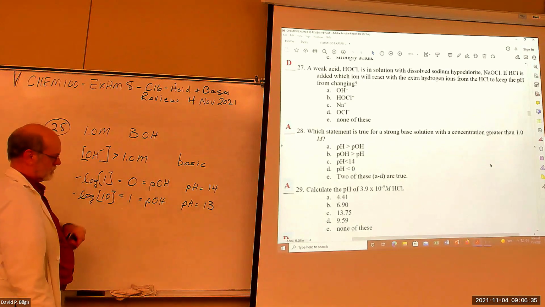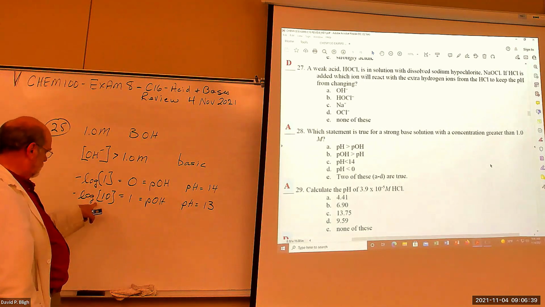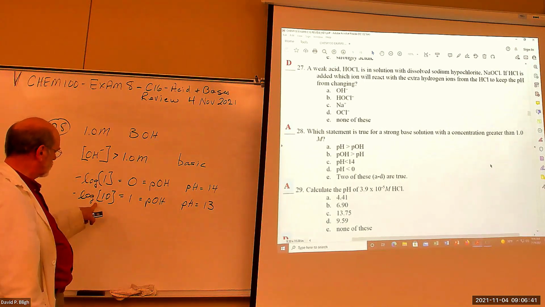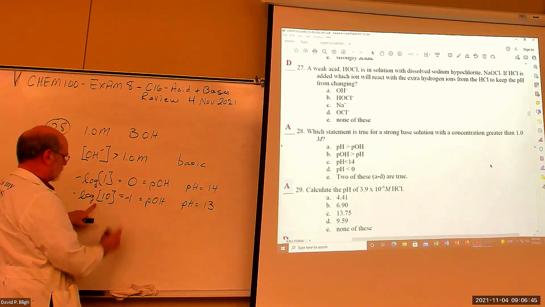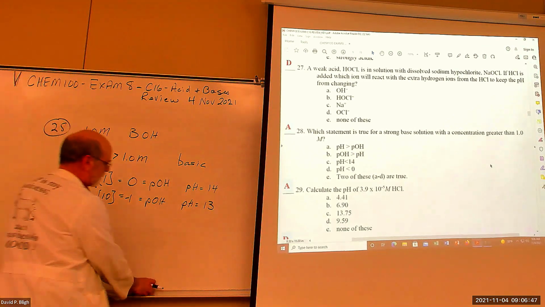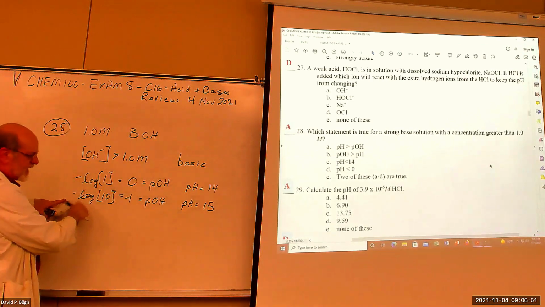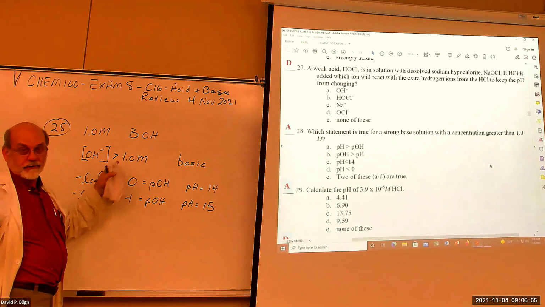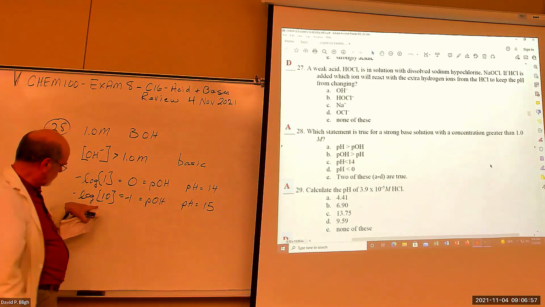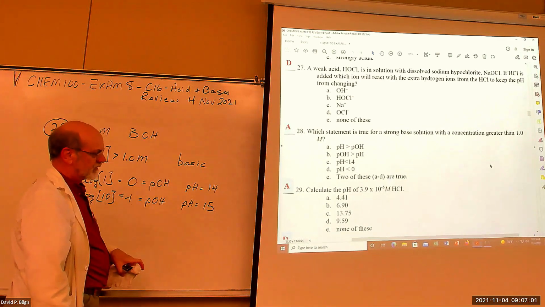Is that right? 10 to what power? Oh, that's negative 1, excuse me. Negative 1. Right? I forgot my sign. The sign didn't come in here because 0 is 0. Negative 1 is pOH. So pH would be 15.